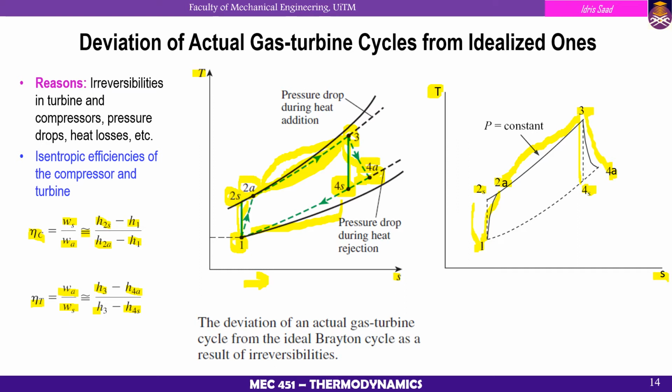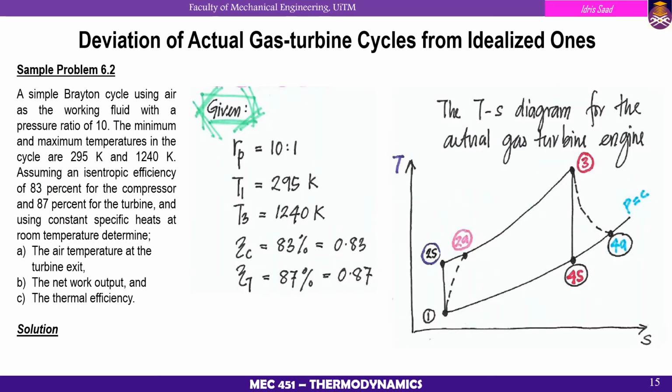So now we have to consider the isentropic condition and the actual condition for both the compressor as well as the turbine. This is sample problem 6.2, to demonstrate the deviation of the actual gas turbine cycle from the idealized one of the gas turbine engine.